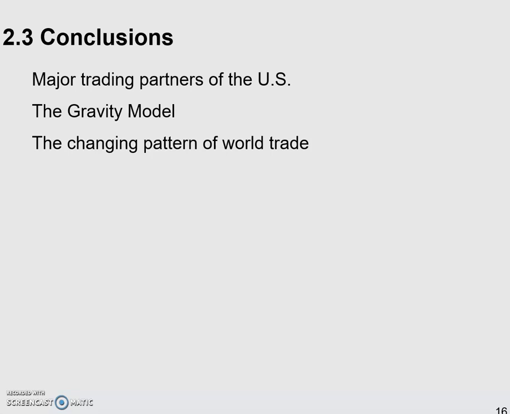But at the same time, we also looked at when and where the gravity model does not work that well, the exceptions. And finally, in this video, we talked about the changing pattern of world trade, not just between developed and developing countries, but also between agriculture, manufacturing, and services. Okay. All right. So this is the second chapter.